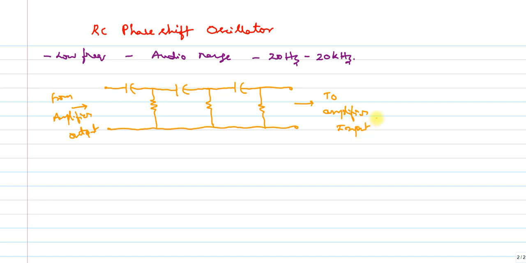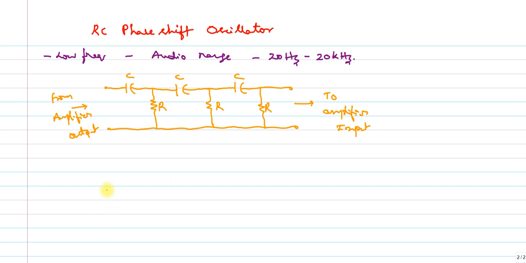Practically we need to reverse this, so these are the capacitors C and these are R. This is called the RC phase shift oscillator. Here three identical RC sections are there, and we need to discuss what exactly each section will do. That part we will see now.